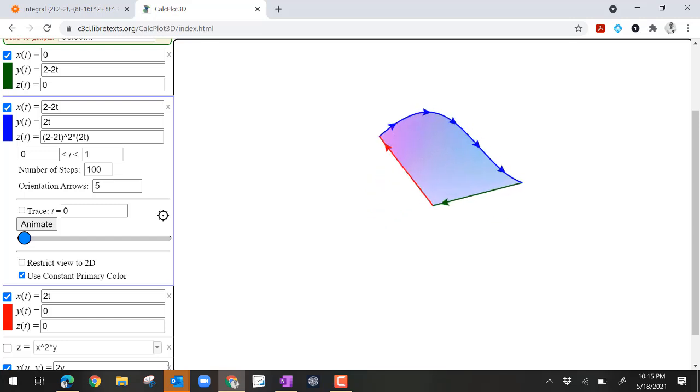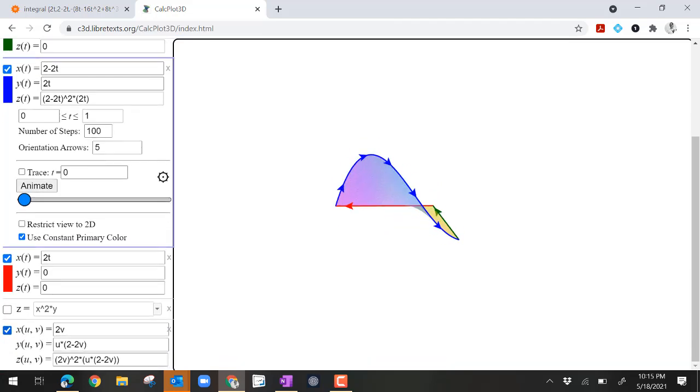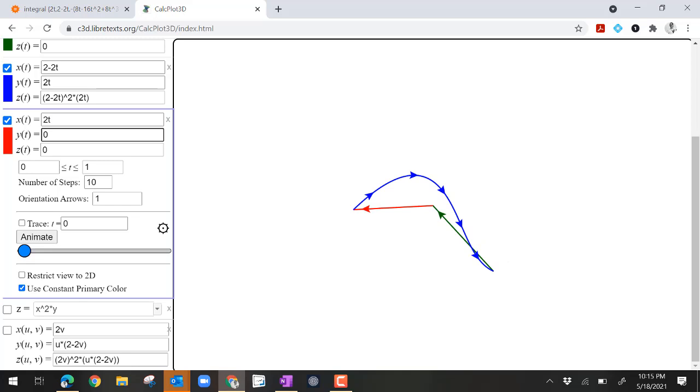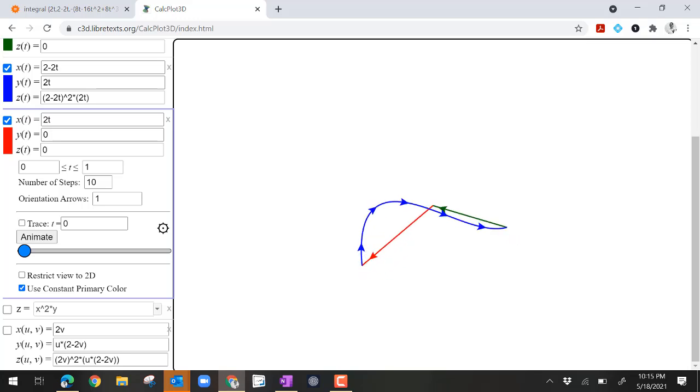All right. And so here is the surface and the boundary of the surface. We can focus just on the boundary of the surface. If we take the surface out, this is how it would look in 2 dimensions. You see that it's just really the form of a triangle, but in 3 dimensions, you see that that third curve actually goes up.